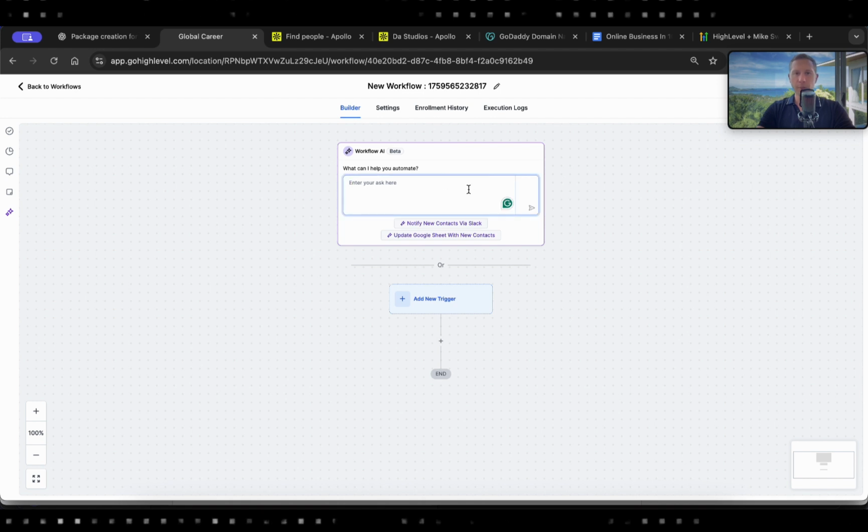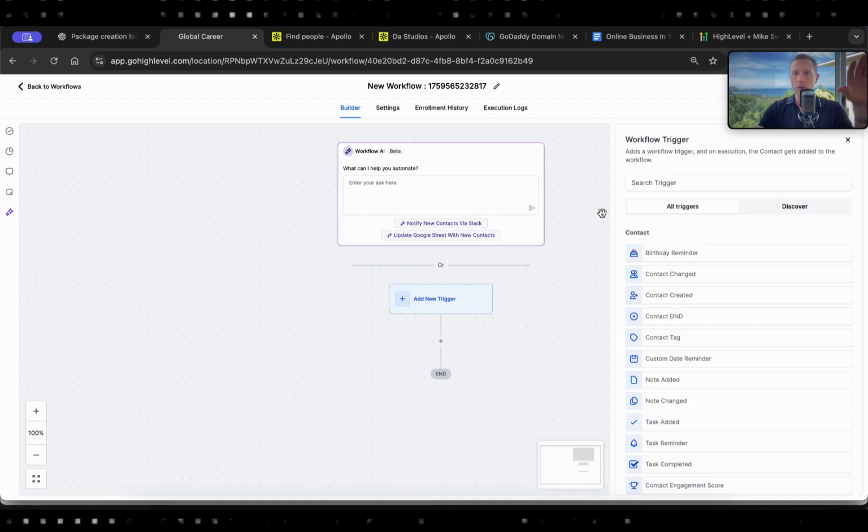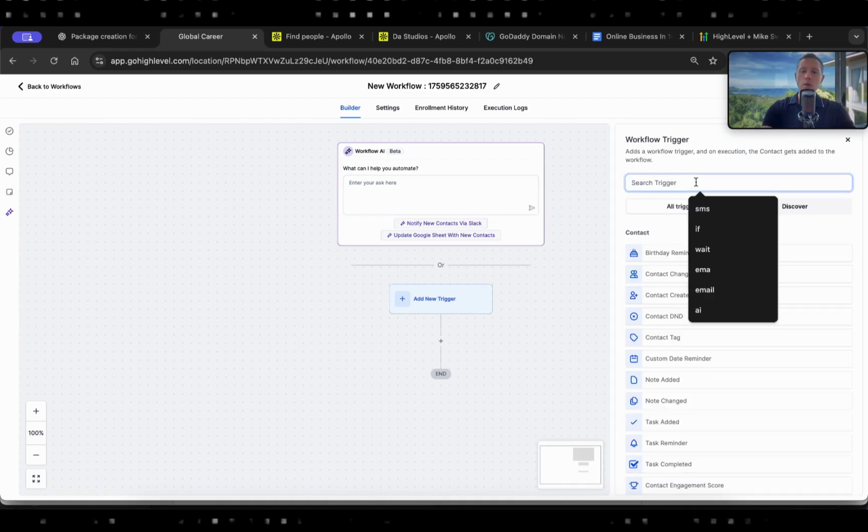And so you can put in something like a warm-up sequence for cold leads. But in general, we have a trigger here. And this trigger is just going to be like, they fill out a form or you manually enroll them. You can sync it up to Apollo. But in general, I like to keep it manual starting off because I want to have a little bit more control over it. And so let's just say it is, for now, form.